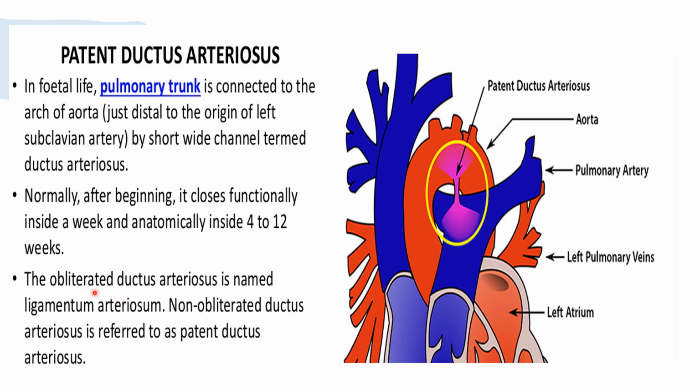The obliterated ductus arteriosus is named the ligamentum arteriosum. The non-obliterated ductus arteriosus is referred to as patent ductus arteriosus. Okay, so if it is obliterated, we say ligamentum arteriosum. If it is non-obliterated, we say patent ductus arteriosus.